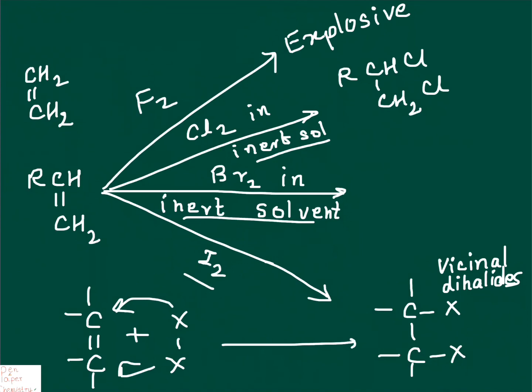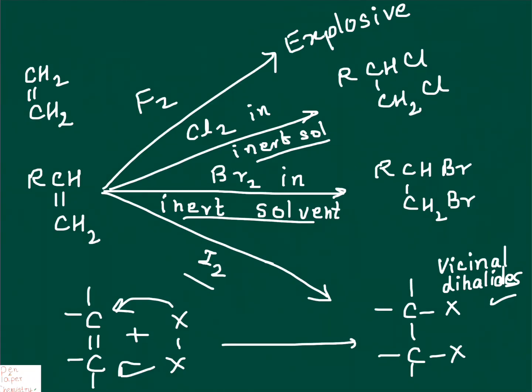But when we carry out the same reaction, taking chlorine or bromine dissolved in an inert solvent, we are not saying that we have taken a low concentration. So the reaction takes place across the double bond and the product that we get is a vicinal dihalide.